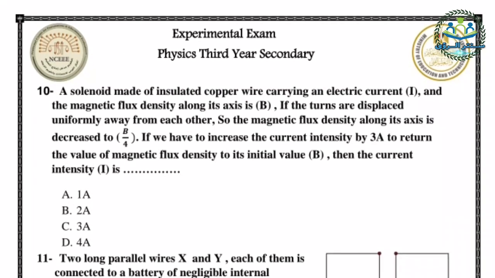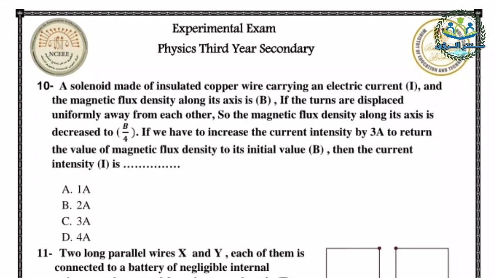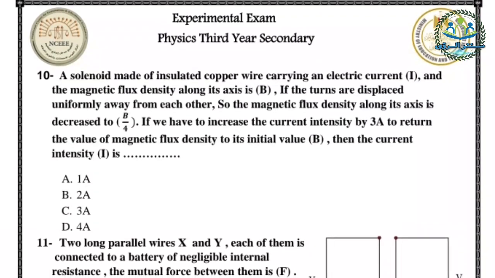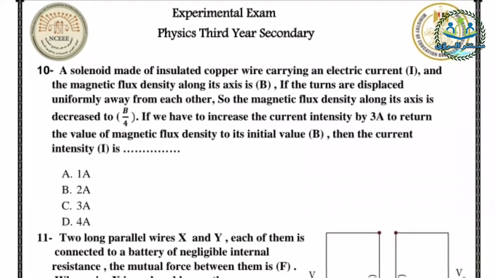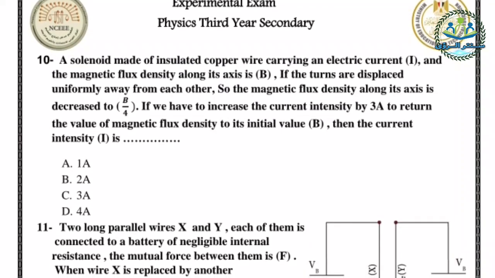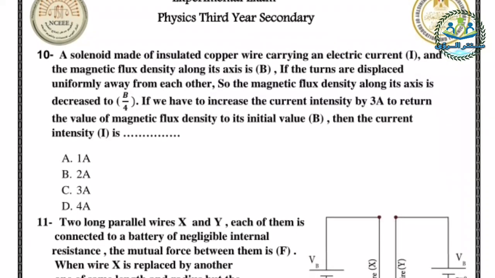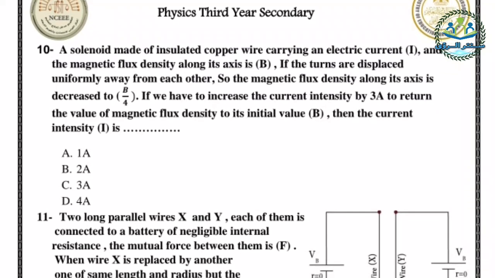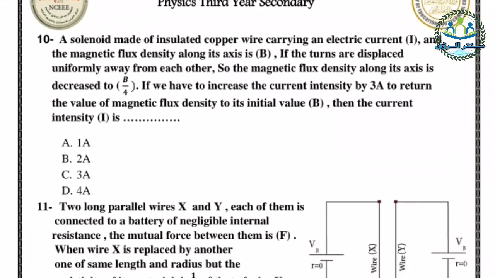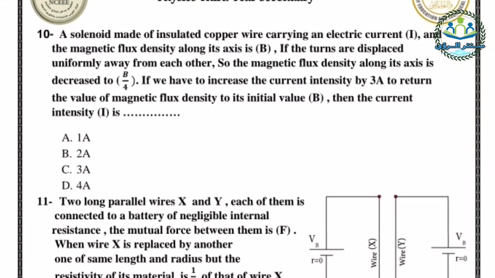10. A solenoid made of insulated copper wire carries an electric current, I, and the magnetic flux density along its axis is B. If the turns are displaced uniformly away from each other, the magnetic flux density along its axis decreases.